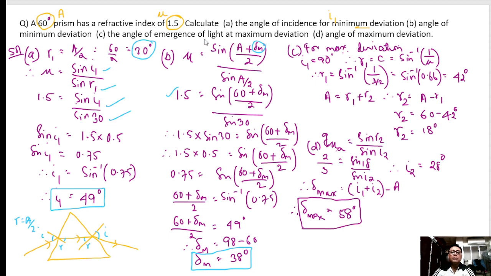Similarly, the angle of emergence. Now we know at maximum deviation. So this is the condition, please. Not minimum deviation, it is not minimum deviation.